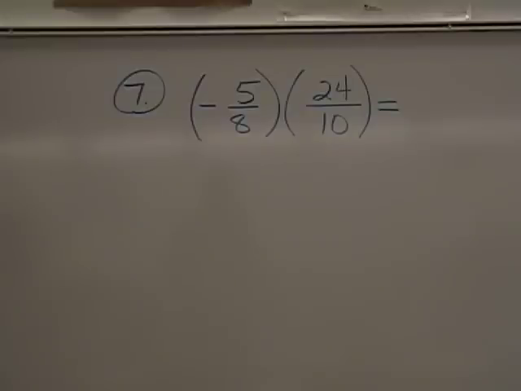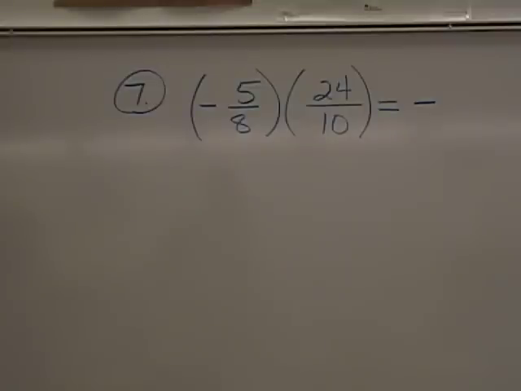You've got a negative times a positive. That means our answer is going to be a negative answer. Let's put that in right now so we don't forget. Now I know that I'm going to have the correct sign in front of my answer. Now I just have to make sure that I do the multiplication correctly.